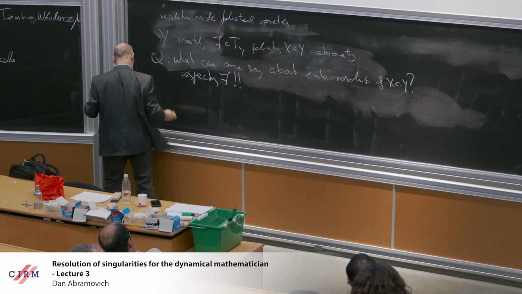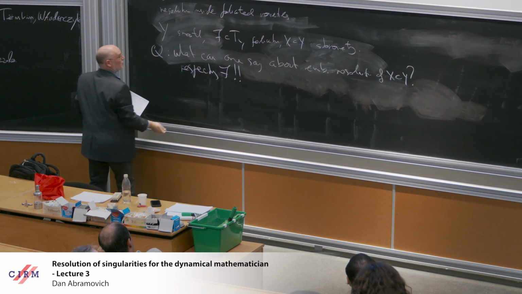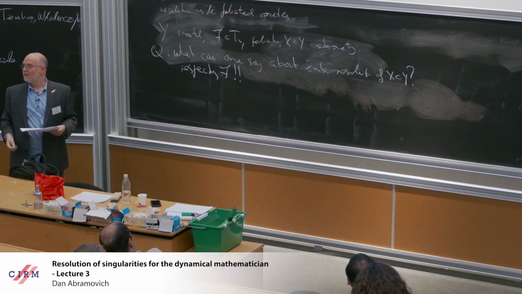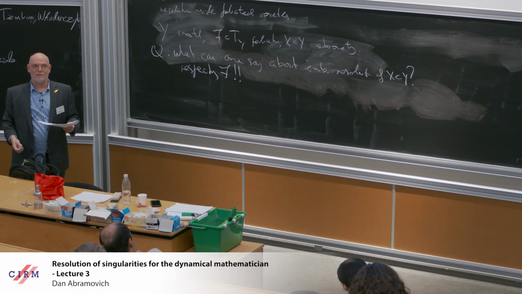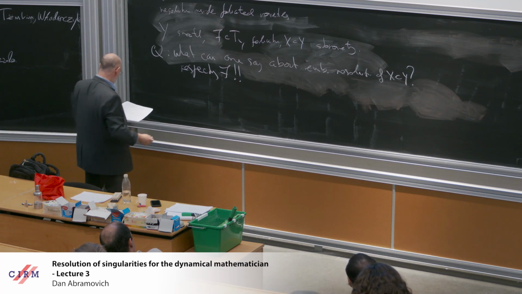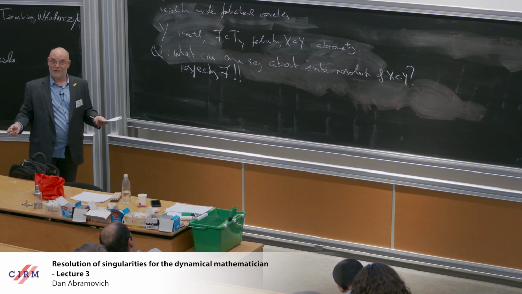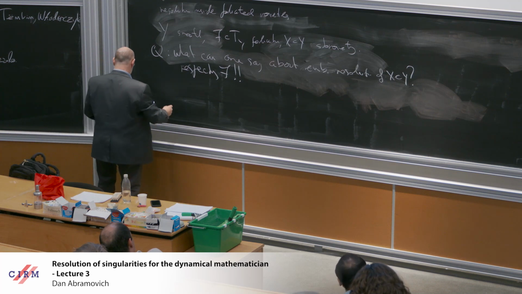So I'll give you an easy theorem. Easy because we have Hironaka. And I'll give you a theorem that may be new. At least I think it's new, but I'm not a foliation specialist. Okay, so theorem.